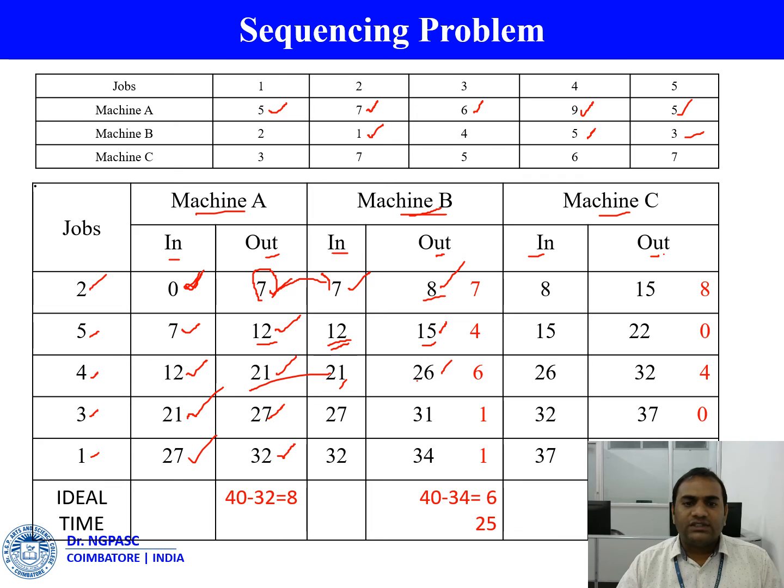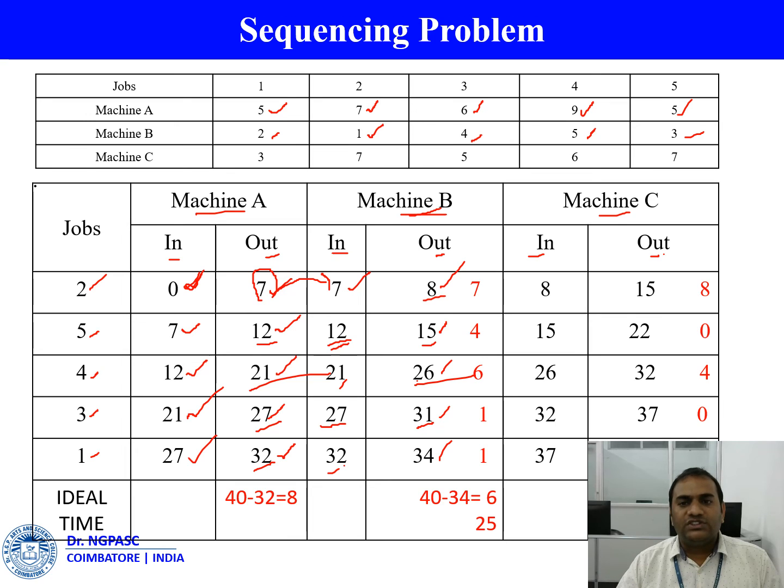Then comparing 26 and 27, the greatest value is 27. The processing time for job 3 in machine B is 4. So 27 plus 4 is 31. Comparing 31 and 32, the greatest value is 32. The processing time for job 1 in machine B is 2. So 32 plus 2 is 34.